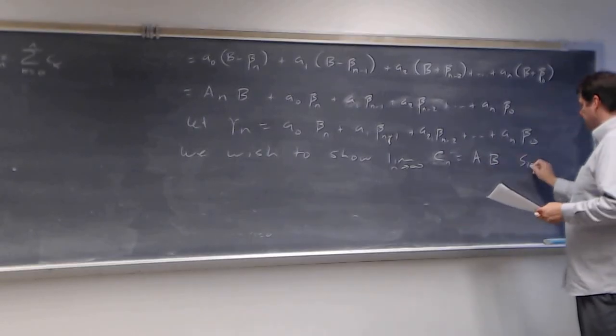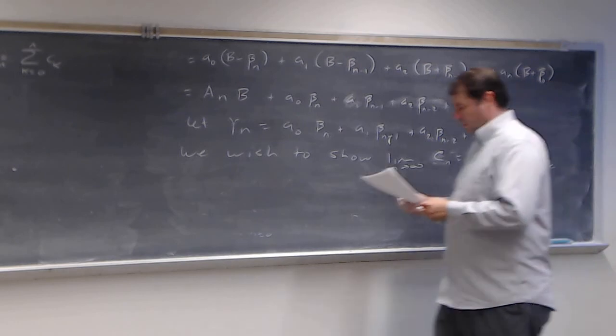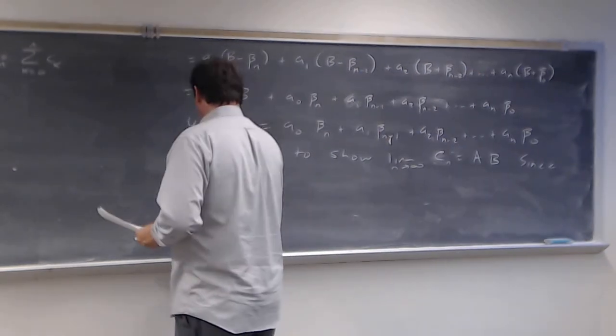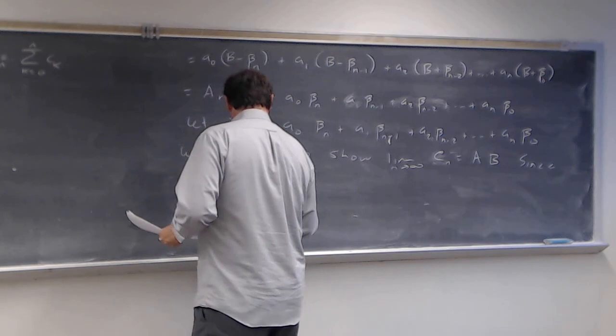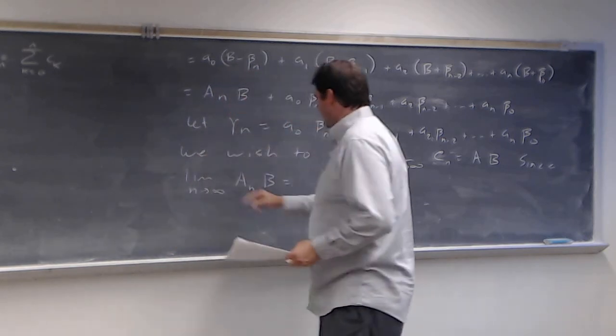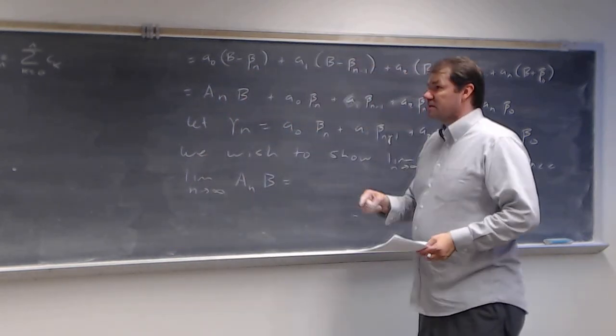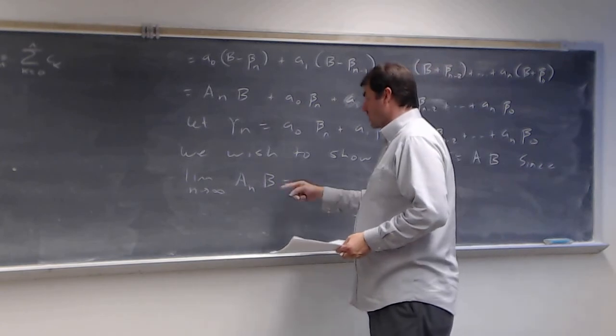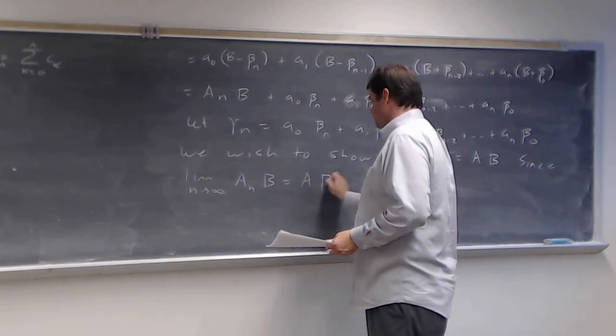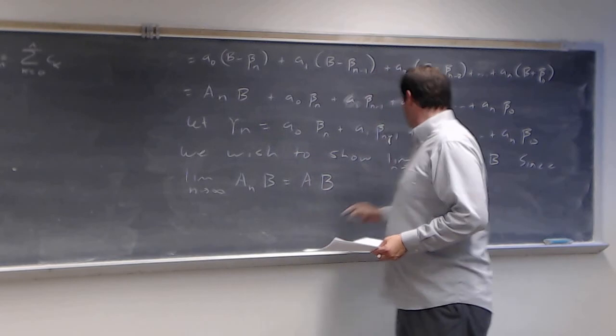Well, since the limit as n goes to infinity of the a sub n times b... Now look, a sub n's were the partial sums for the series of the little a's, and so we know that those partial sums converge to a. So this part of the script c sub n goes to ab.